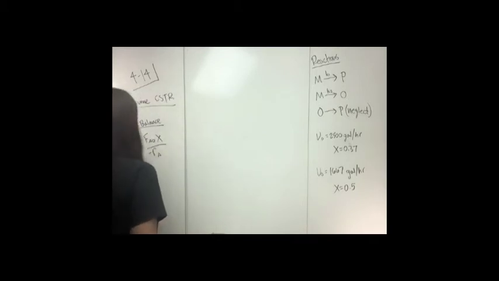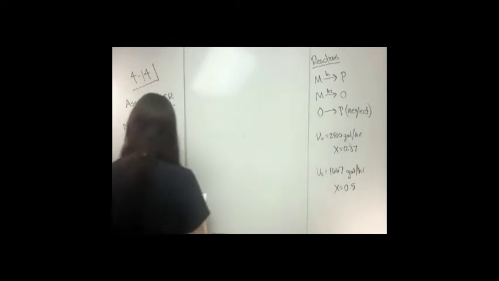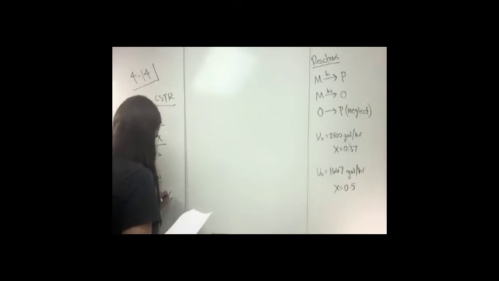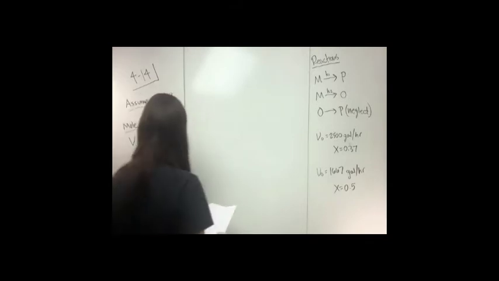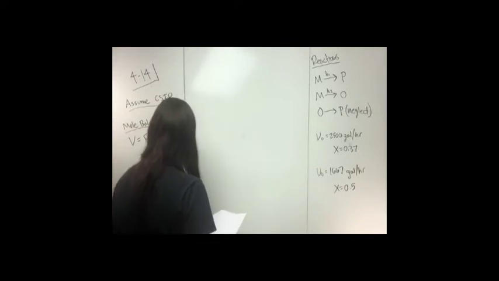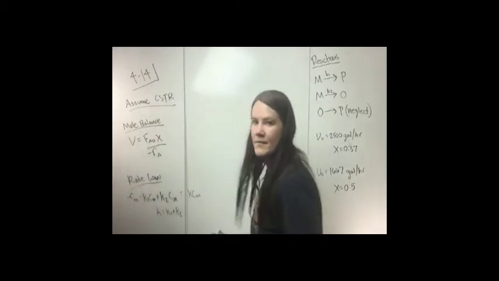And then for the rate law, we need to do a net rate law because we have two reactions. So minus rM is equal to K1 CM plus K2 CM. Then we can say this is equal to K CM, where K is equal to K1 plus K2.